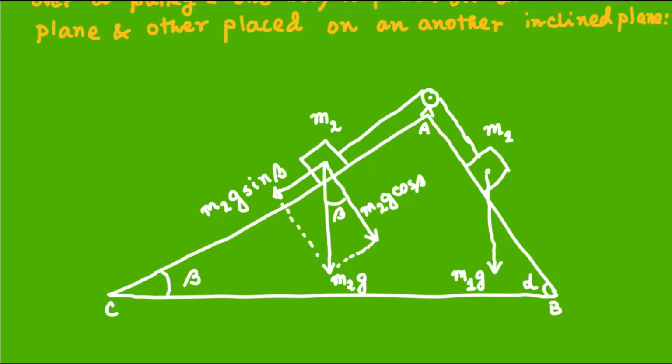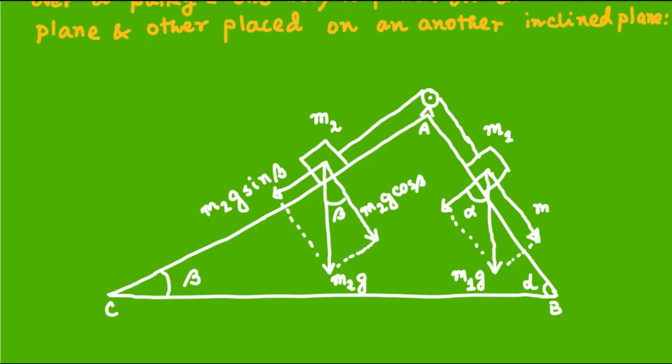Now we can draw the weight. m1g is the weight, acting vertically downwards, of the block of mass m1 which is placed on the inclined plane AB. Now we can draw a right angle triangle assuming m1g as hypotenuse, and we can draw another right angle so that we can get a rectangle.